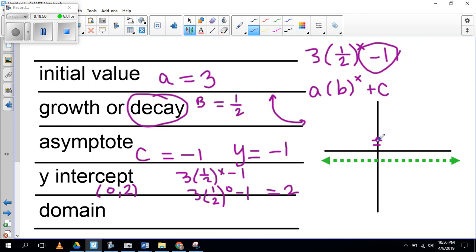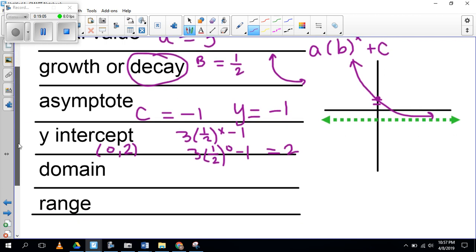And since we know our graph is decreasing, we know we're going to start here and go down. And remember, it's never going to touch this line, even though mine may touch it. But it's never going to touch it. And that's the way it should look. Let's finish our domain and range. Domain is all real numbers or negative infinity to positive infinity.